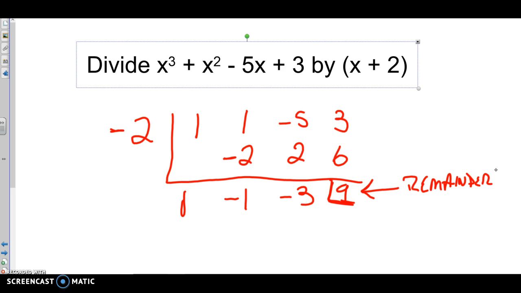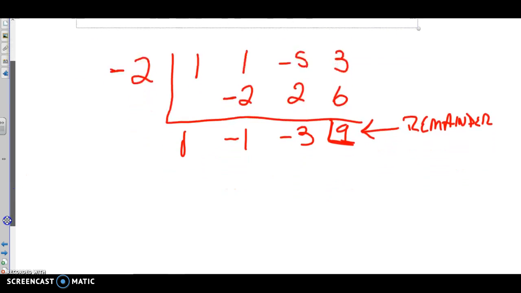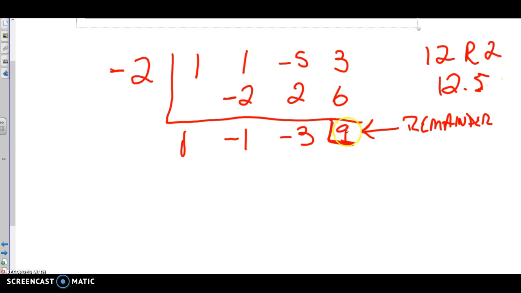And I know traditionally, way back in elementary school, when you divided, you just wrote 12R2. And as you got older with long division, we carried it out until we got 12.5 or whatever it was. Essentially, all we're doing is putting this remainder over our divisor.